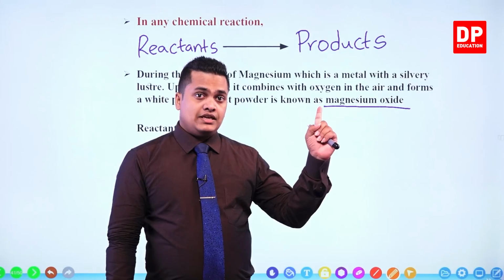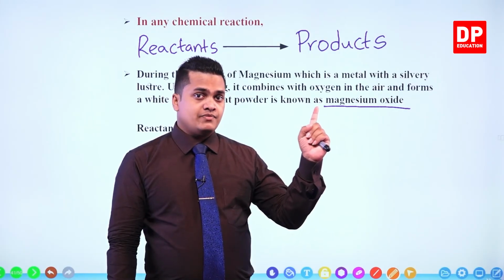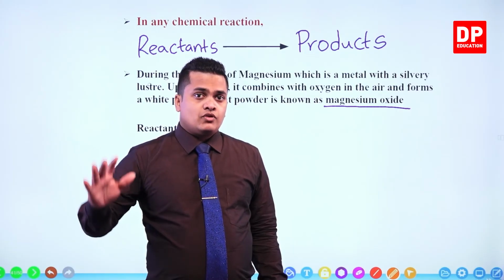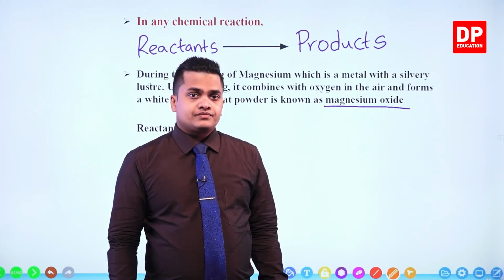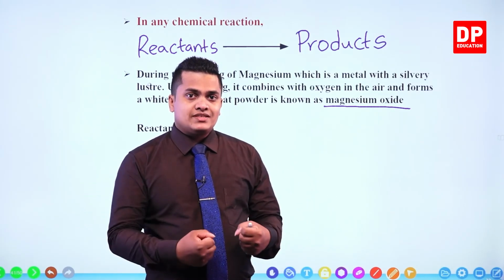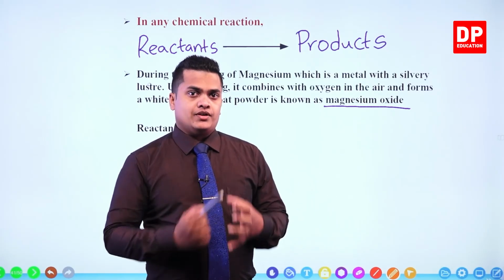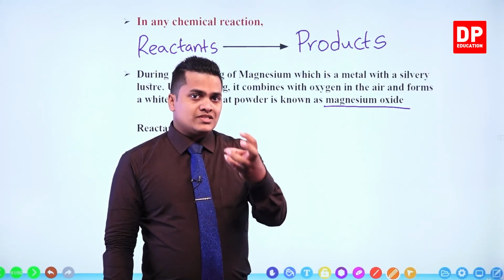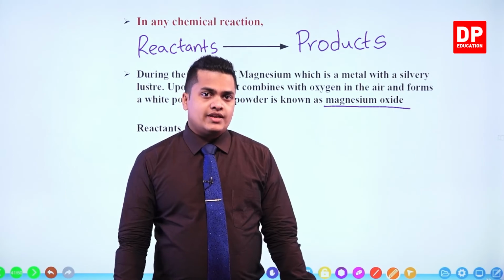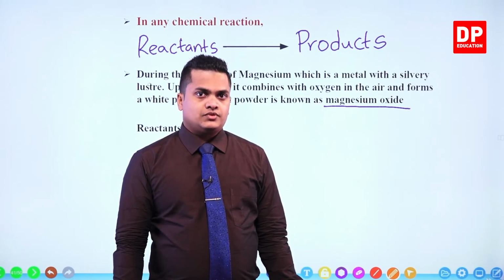Initially in the system there was only magnesium, and oxygen was in our atmosphere. When these two substances interact with each other, the new substance called magnesium oxide gets created.